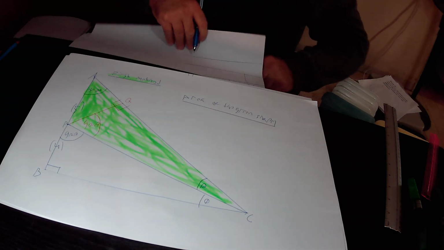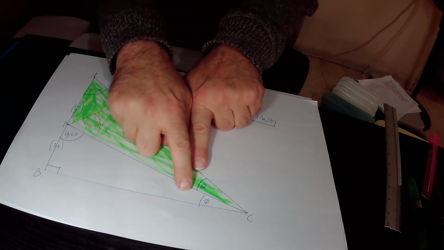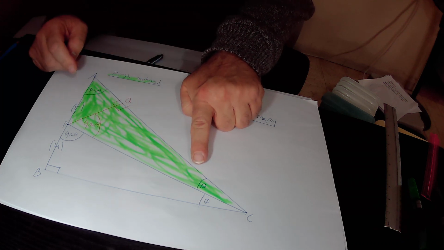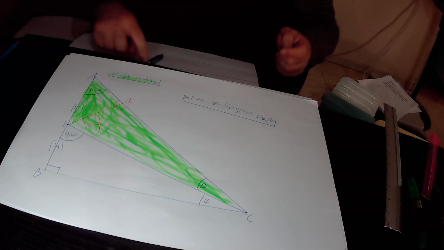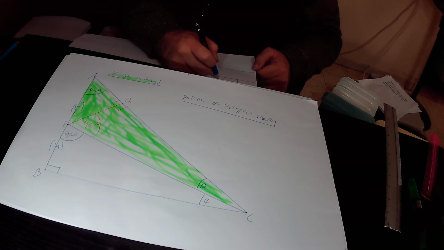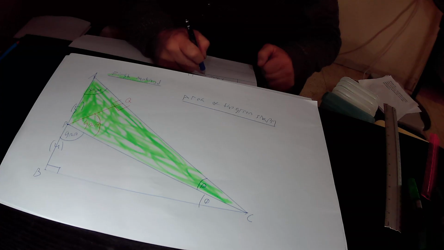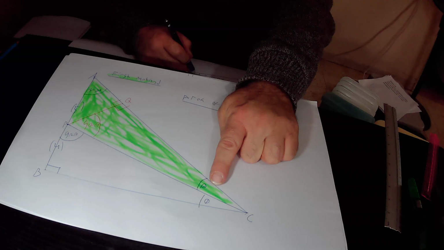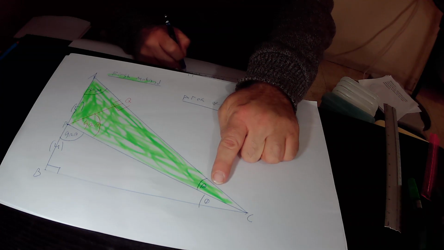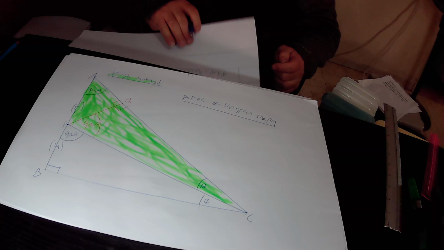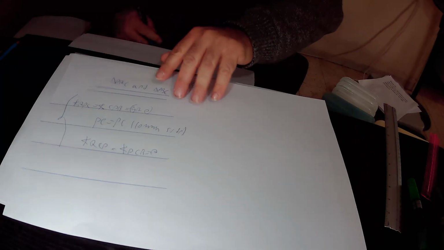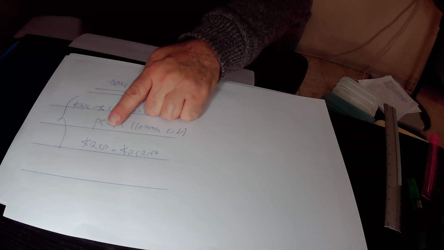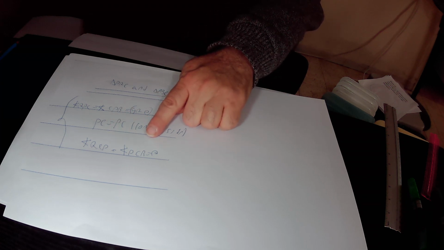And finally, those two angles are both equal to theta, and therefore they are equal to each other. This is angle QCP in the green triangle PQC, and it is equal to angle PCB in the right triangle PBC.